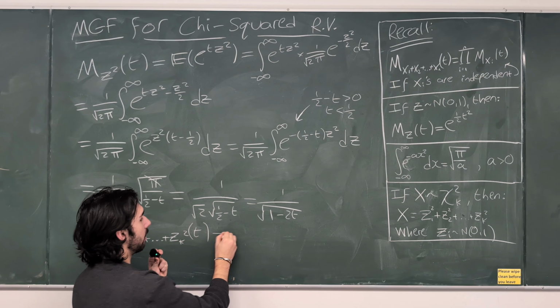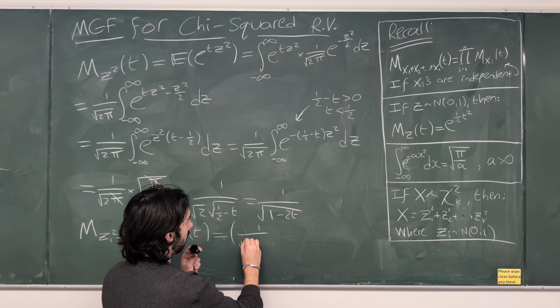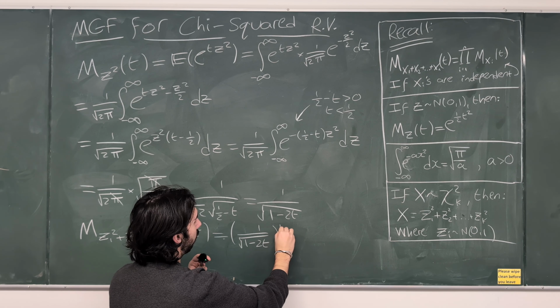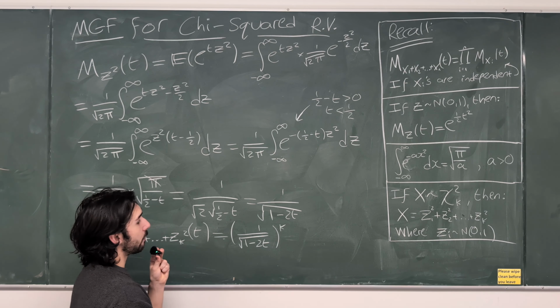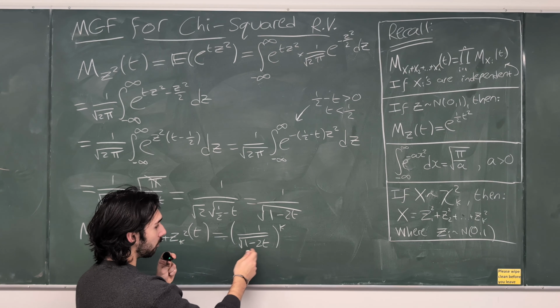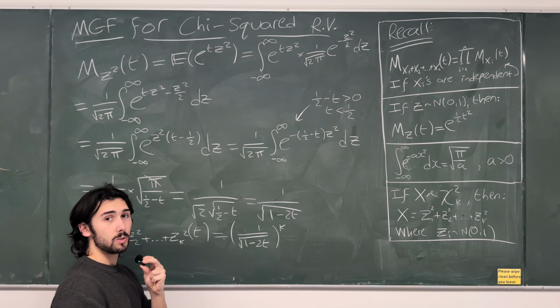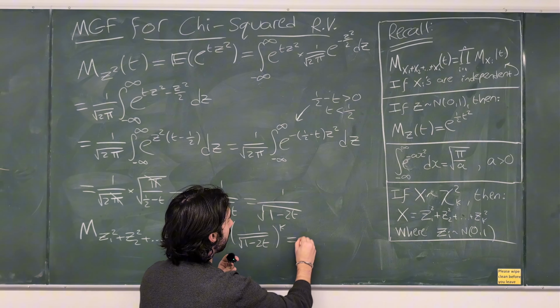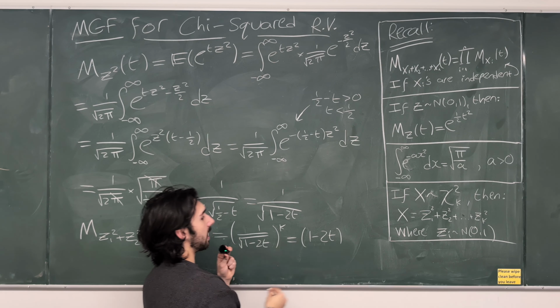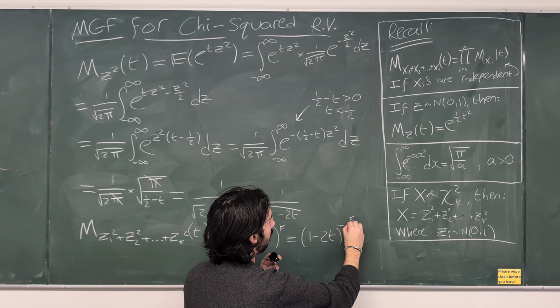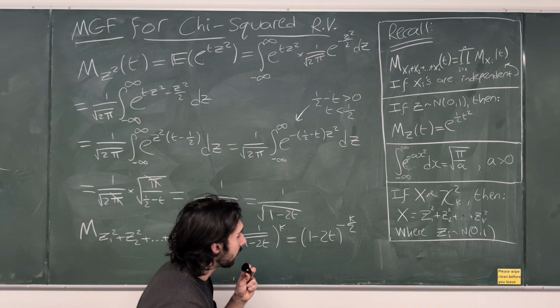So I'm going to have 1 over the square root of 1 minus 2t to the power of k, just like that. And remember, I can do some index law stuff here as well, because 1 over the square root of 1 minus 2t is 1 minus 2t to the minus a half. So here I've got 1 minus 2t to the minus a half times k, so to the minus k over 2. And that's actually all there is to it.